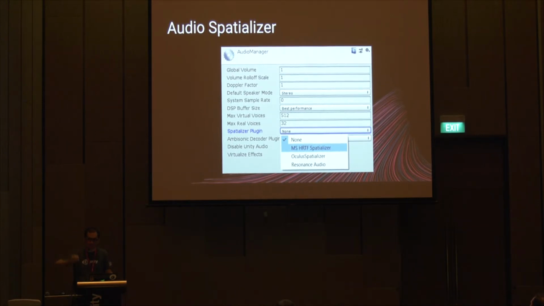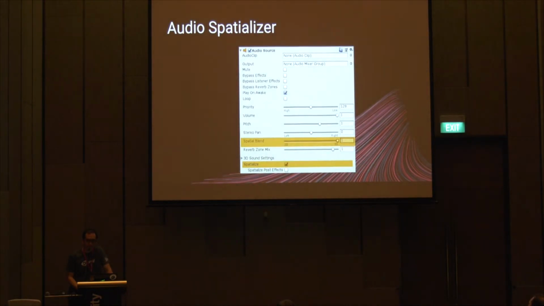It's in 3D space. Unity has some audio spatializers built in, but if you want to write your own audio spatializer, you can. If you use one of the built-in ones, all you have to do is go to your audio source, check the checkbox that says Spatialize, and turn that slider from 2D to 3D.